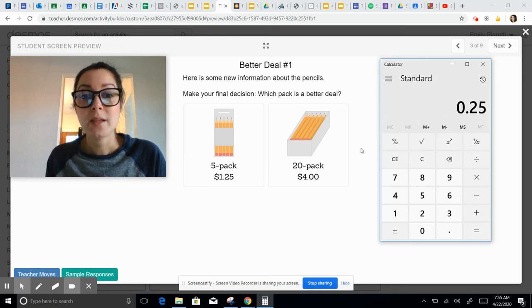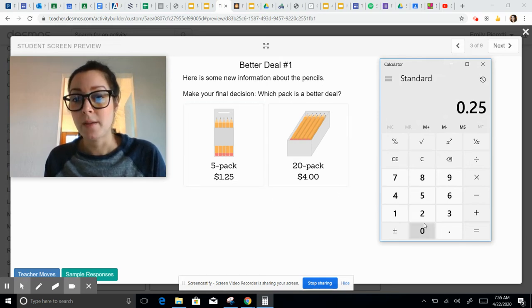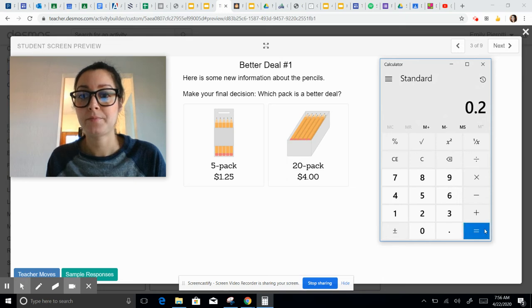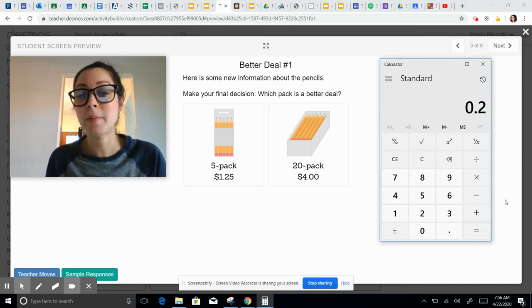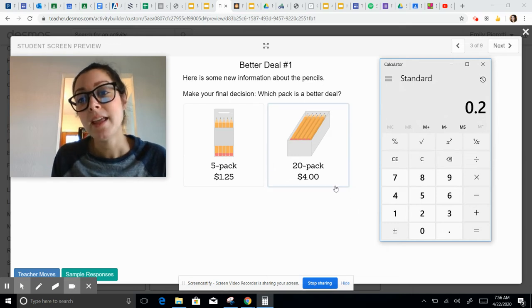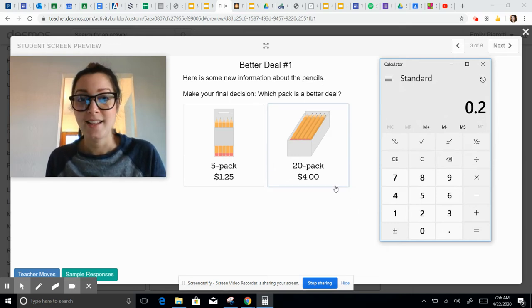Let's look at the 20-pack. We know the 5-pack is 25 cents per pencil. Let's look at the 20-pack. I'm going to do $4 divided by 20. Okay, so now that's showing me that each pencil in the 20-pack is only 20 cents.